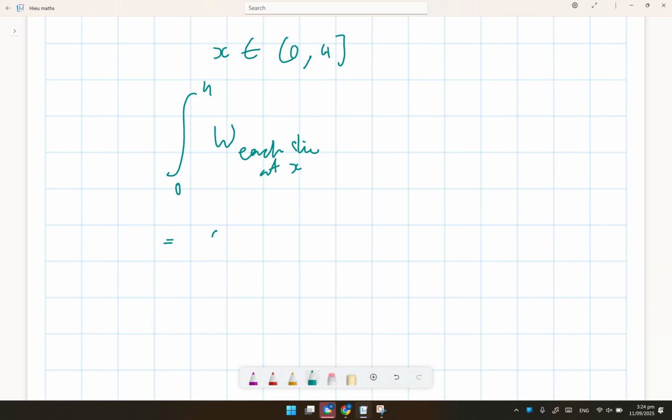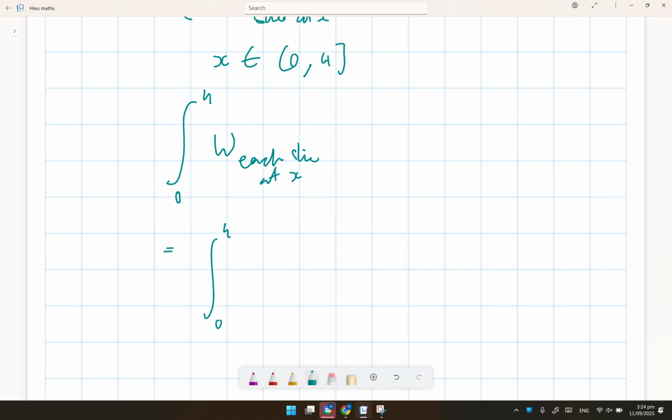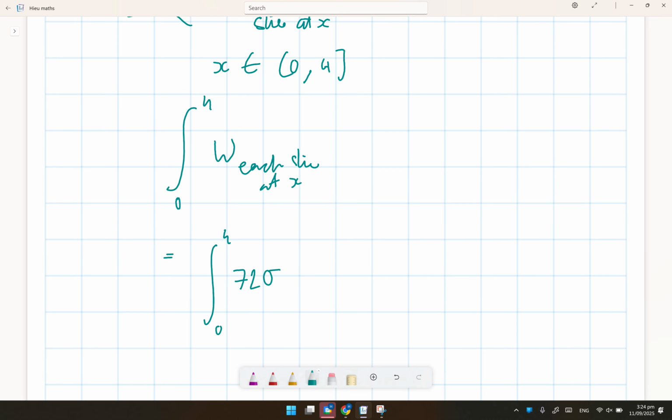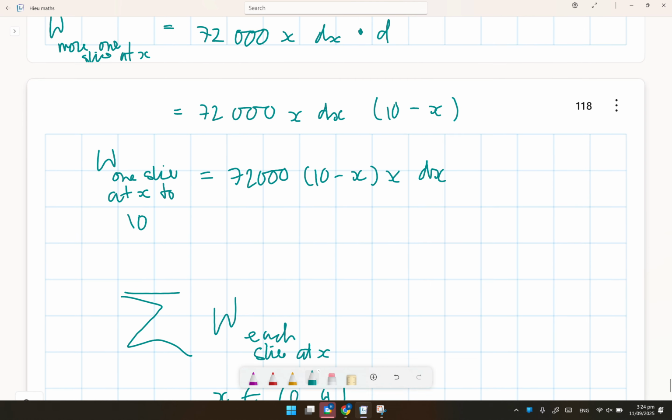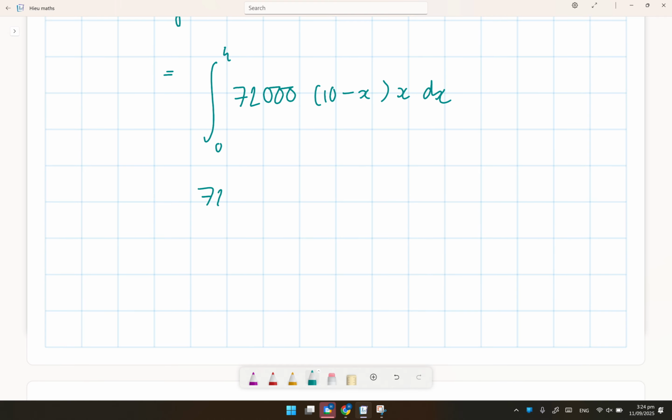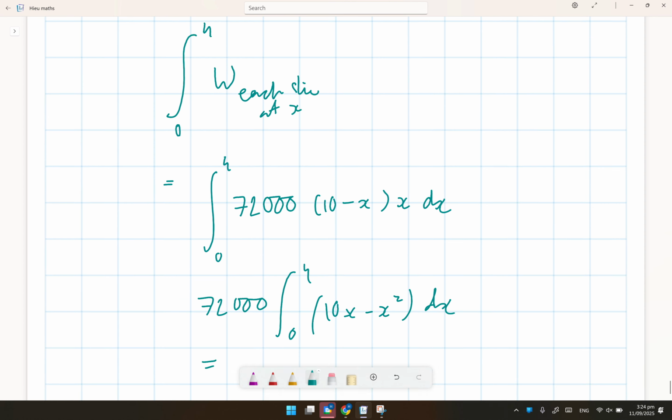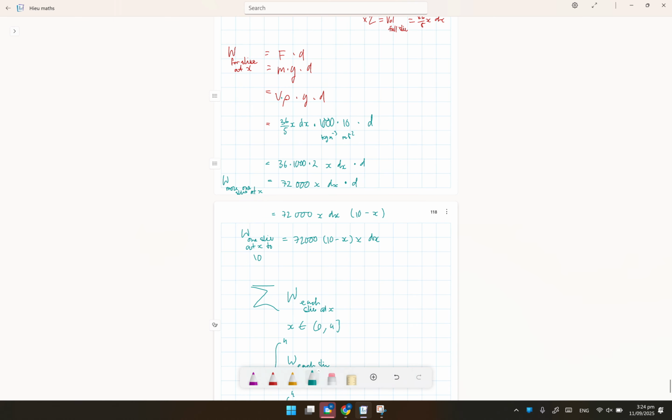So that would be equal to the integral from 0 to 4 of 72,000 times (10 minus x) x dx. Yep, that's it. We take 72,000 out, from 0 to 4 of 10x minus x squared, all multiplied by dx. And then that will give you the answer of the work done, which I've done above.